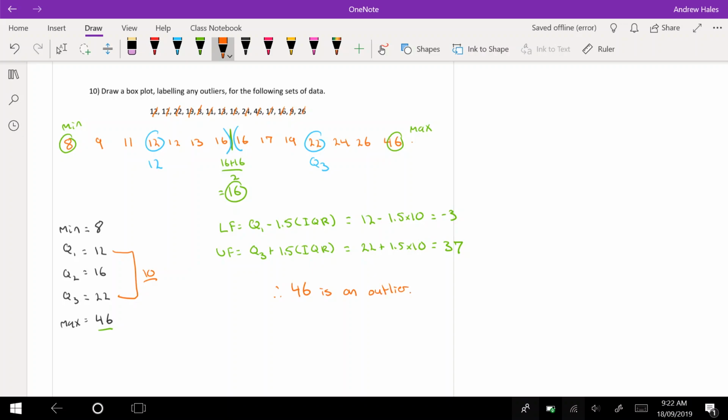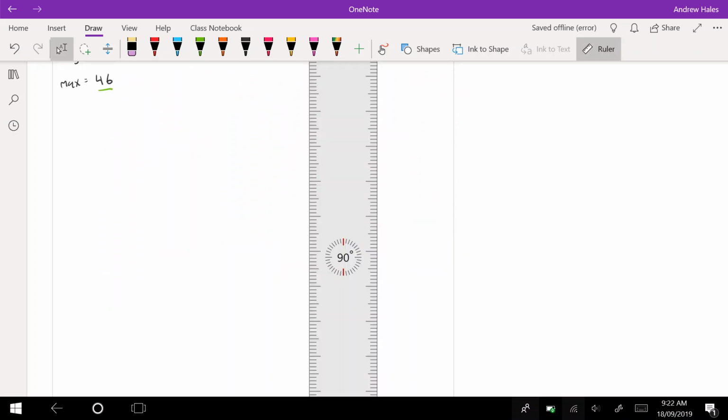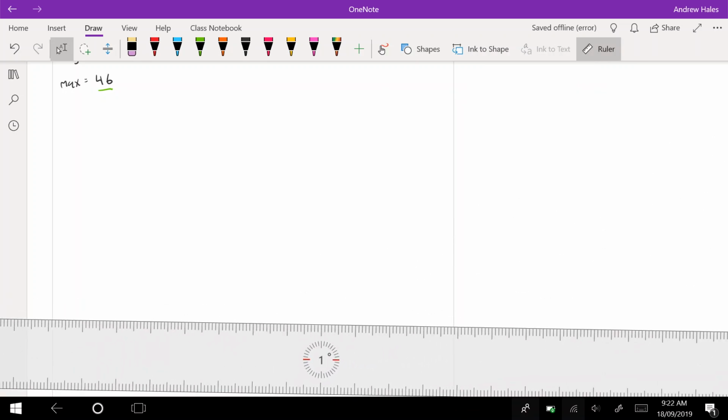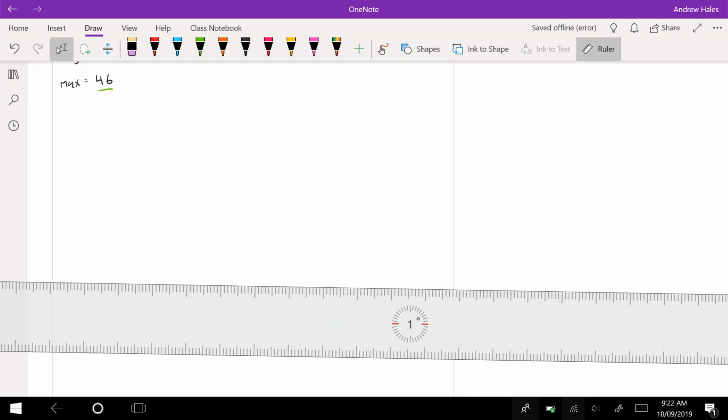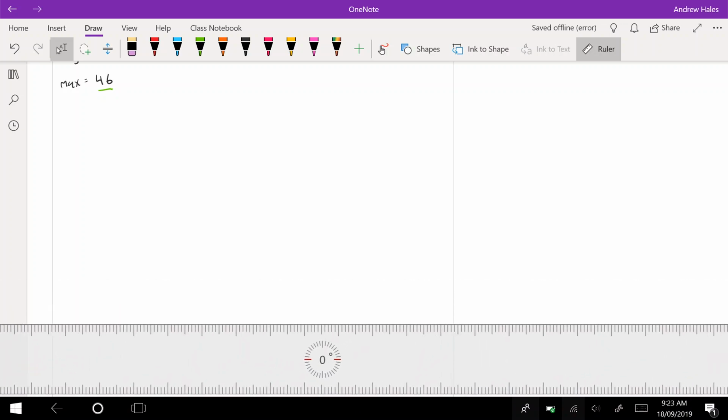So now I have all the information I need. Now it's time to draw my box plot. So let's get my ruler out again. Oh, come on, get to 0. There we go. So draw my number line.